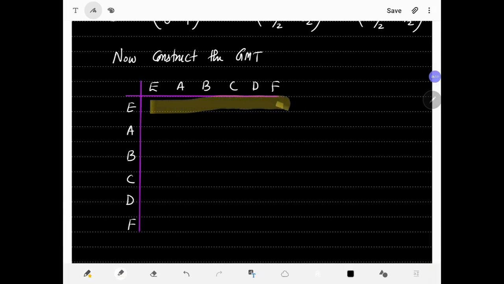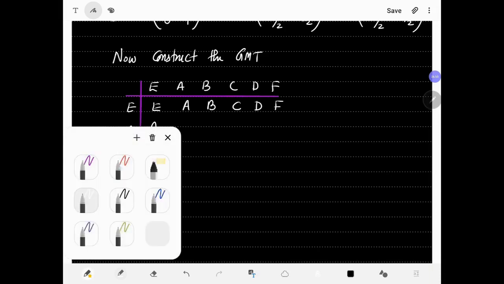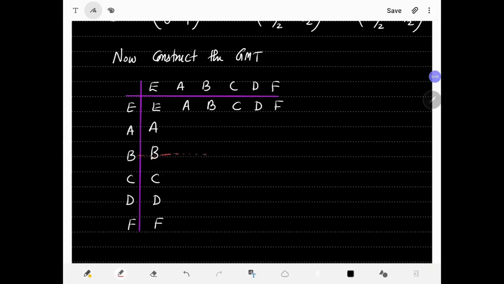So the first row is pretty easy because it is simply the multiplication of each element with identity element. First column also is easy in the same way because one of the element is identity.